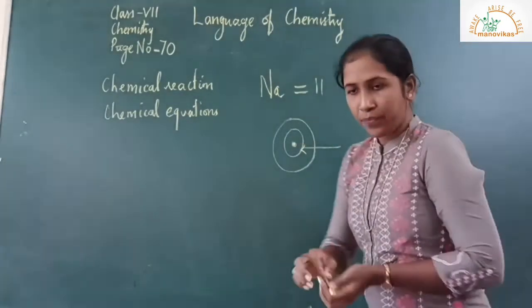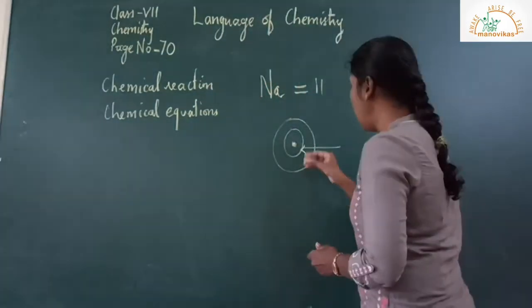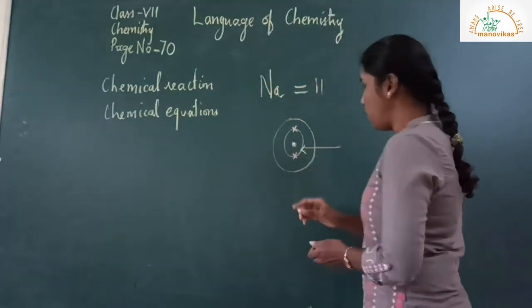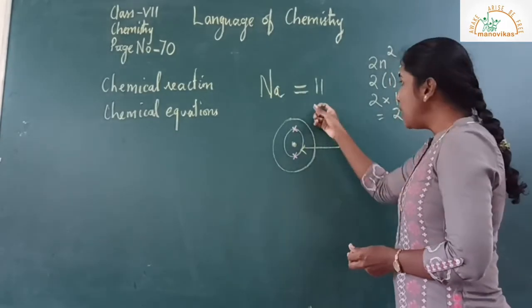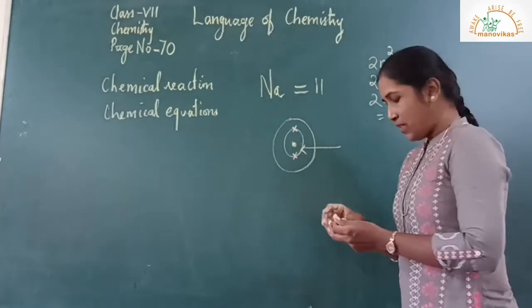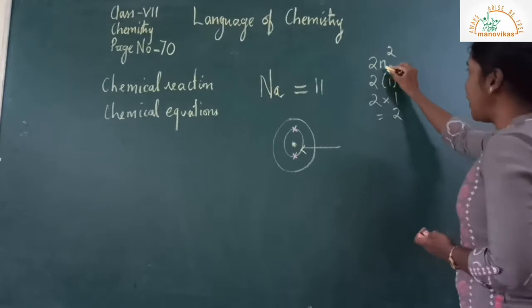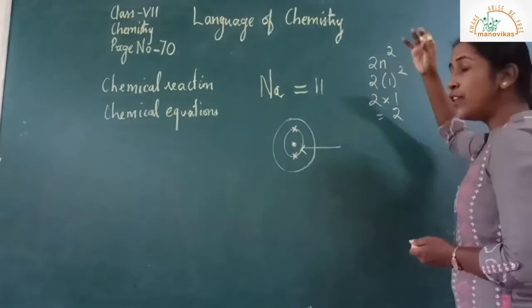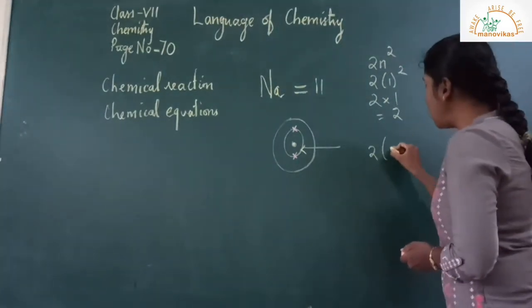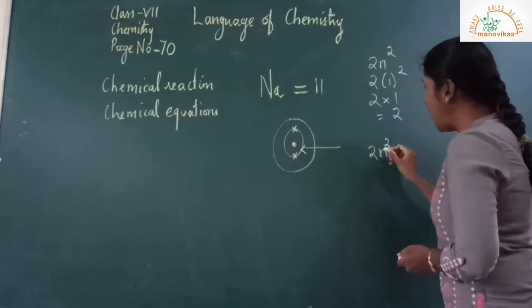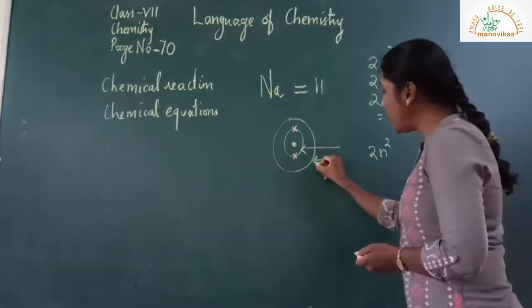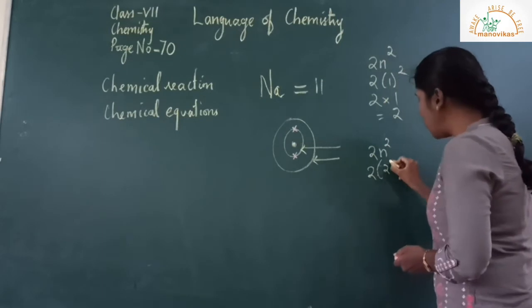So it will be 1 and 2. Okay. Similarly, go for the second shell. Now in the second shell, again, I will replace this n by 2. So I will write it over here, 2n square. Where second shell, I have to write 2. So 2 square.